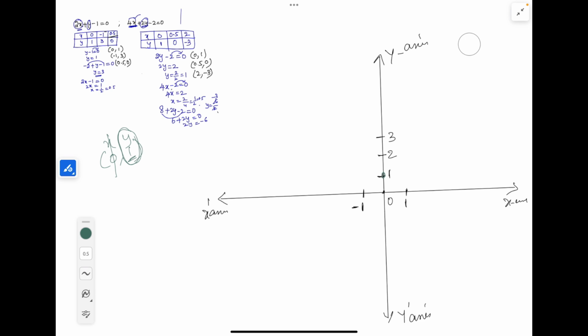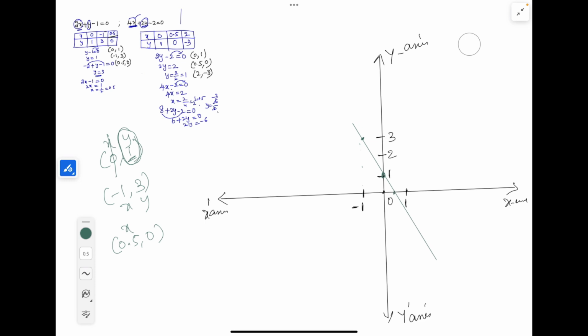This point. Next one is minus 1, 3. Minus 1 is here, negative side. Go till 3. 3 is here. So this point. Next one is 0.5, 0. X followed by y. Y value 0, so it will lie on x-axis, which is here, 0.5. Now let us join these 3 points.